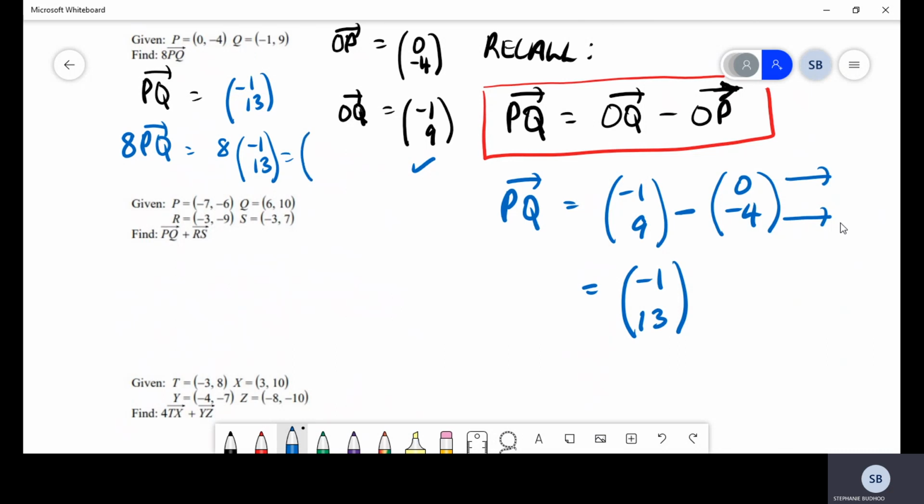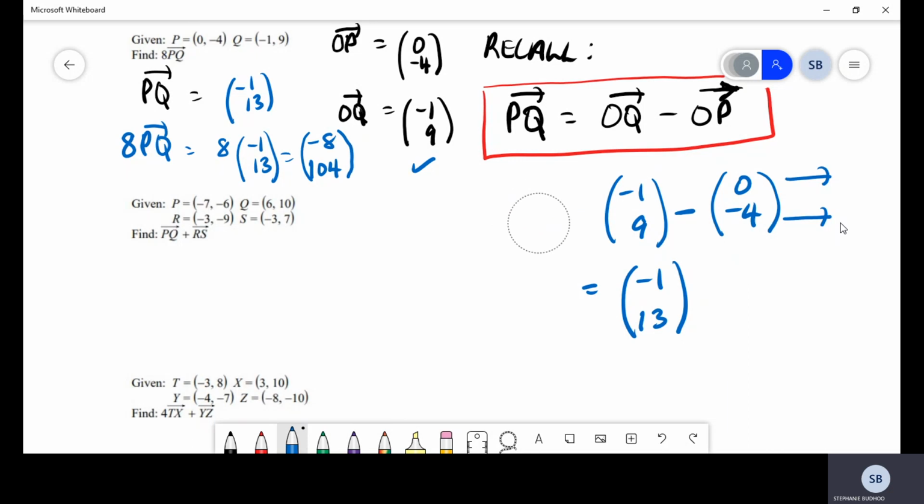So we multiply 8 by -1 to get -8 on top, and we will multiply 8 by 13 to give us 104. So guys, that's how you would work a question like that. Now we'll be moving on to the second example.